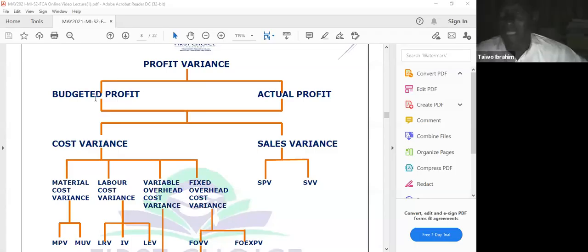Before you can start, what are the variances that you'll be contending with in the exam? And let's look at those variances that we are going to be contending with in the exam.